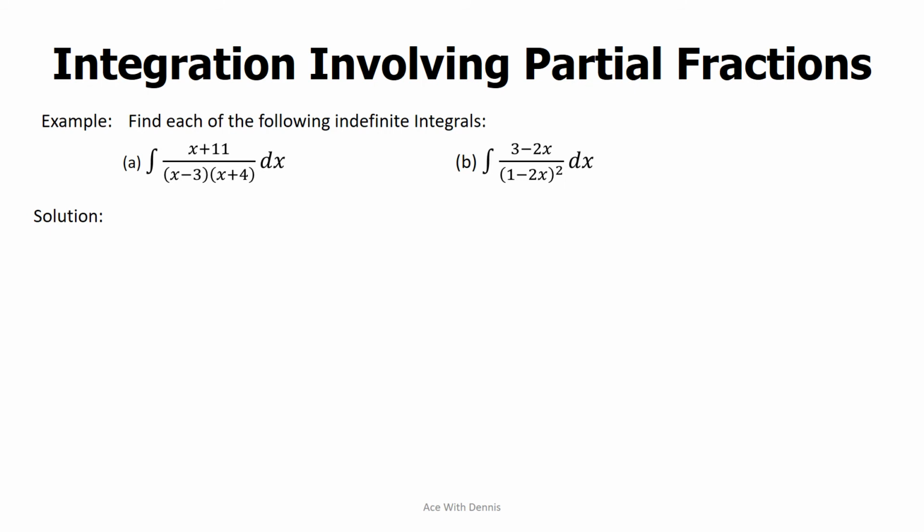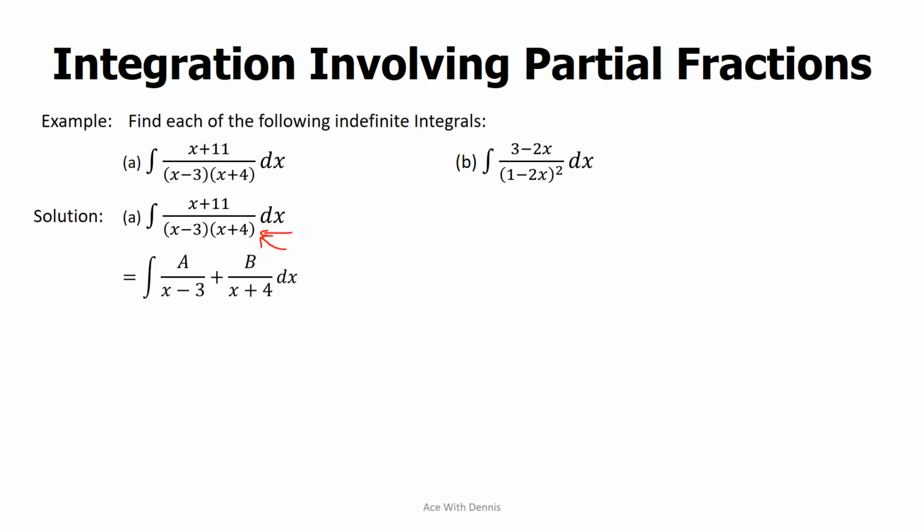Here is the solution. For A, integration of x plus 11 over x minus 3 times x plus 4 dx. As I mentioned just now, this fraction is difficult to integrate directly. Even if we expand the denominator, we still can't see an easy way to integrate it. Therefore, we have to change this fraction into partial fractions.